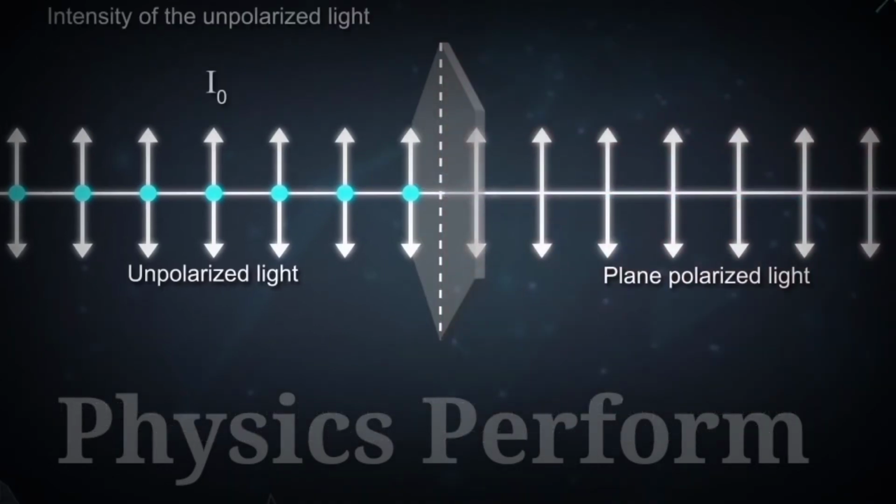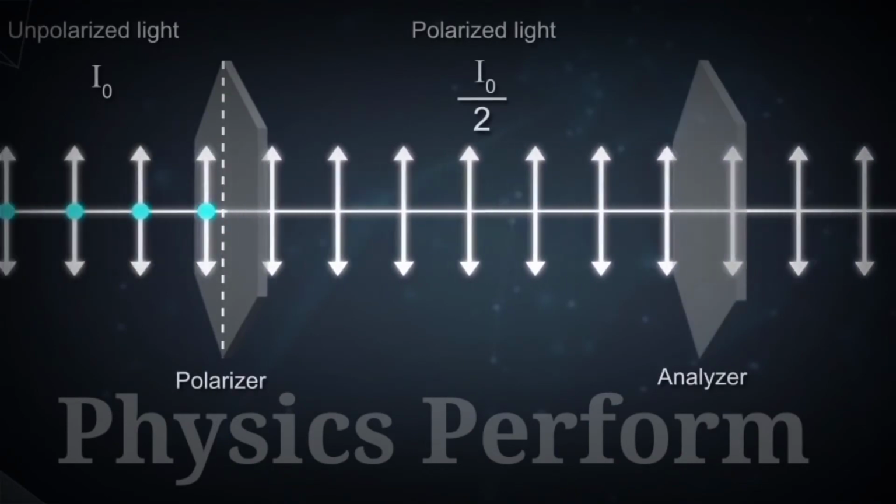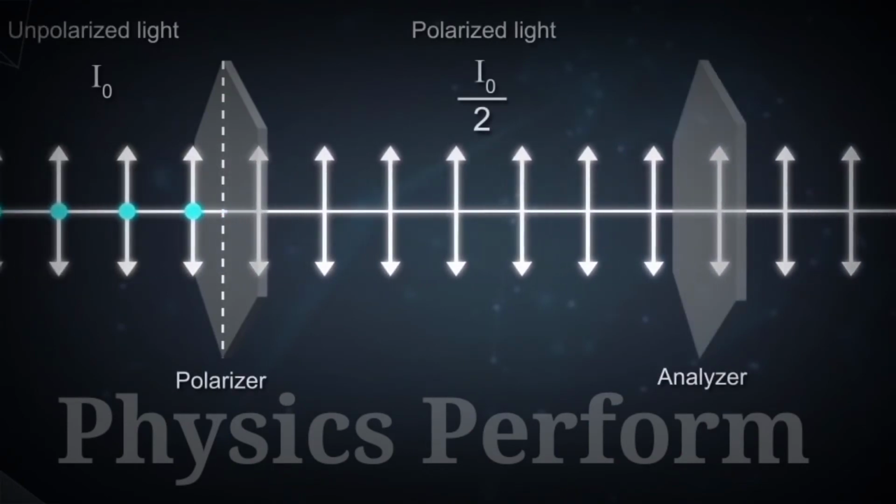I0 is the intensity of the unpolarized light. Then the intensity of the polarized light I coming out of the Polaroid is given by I = I0/2. Now, if we pass this plane polarized light through another Polaroid, we will call this the analyzer.